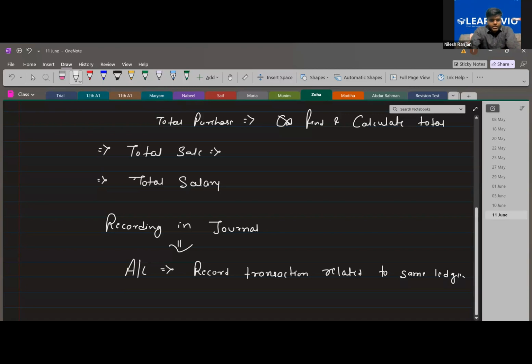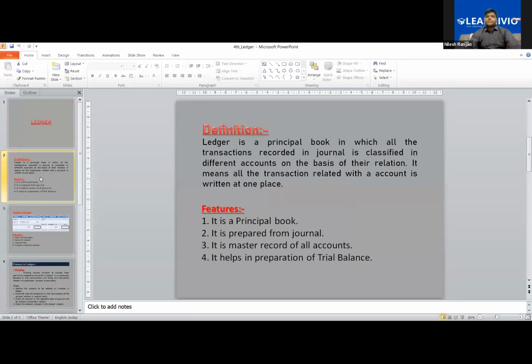Okay. So now if we go by the definition, yes, this is the definition.